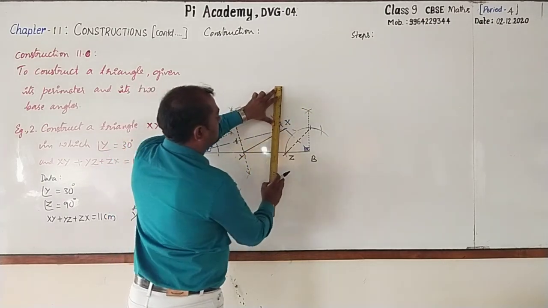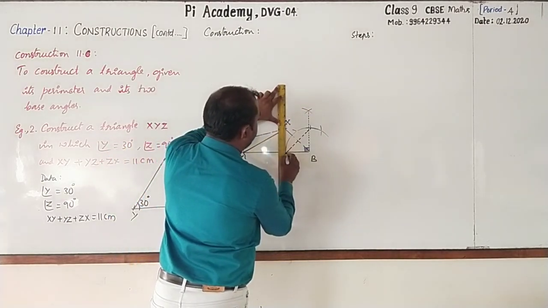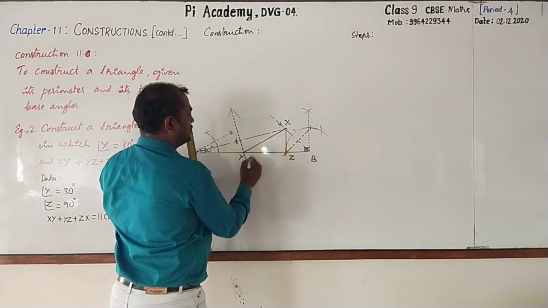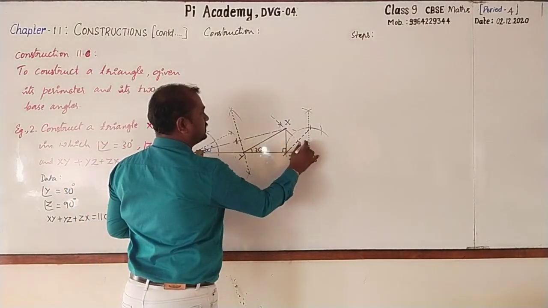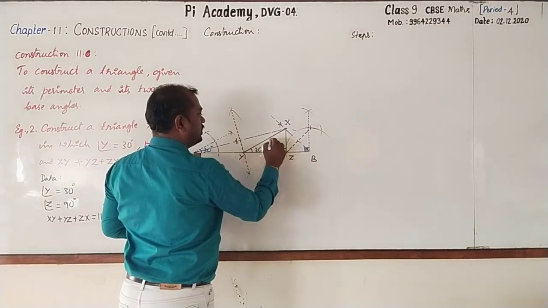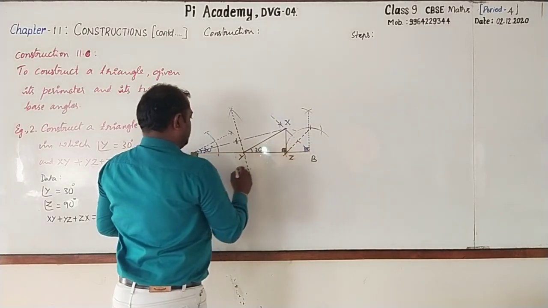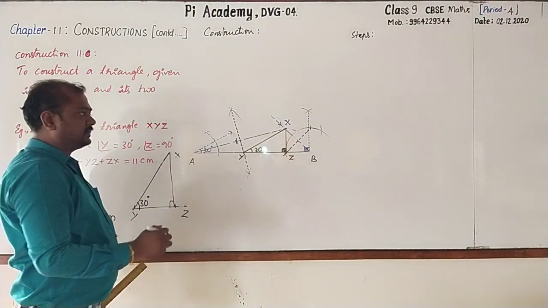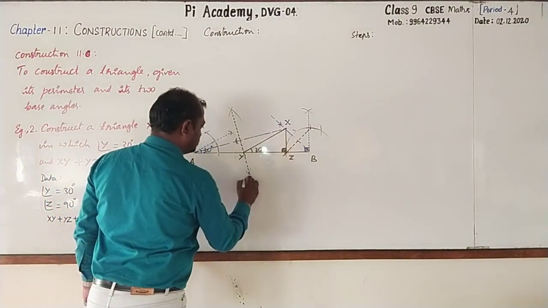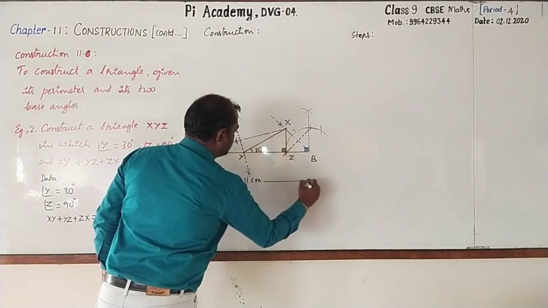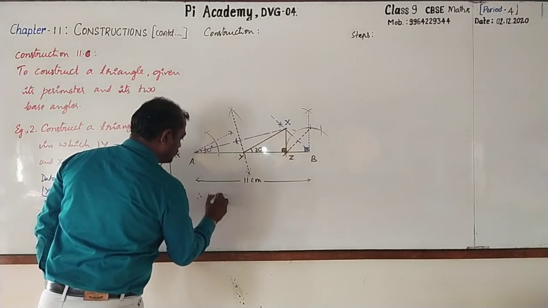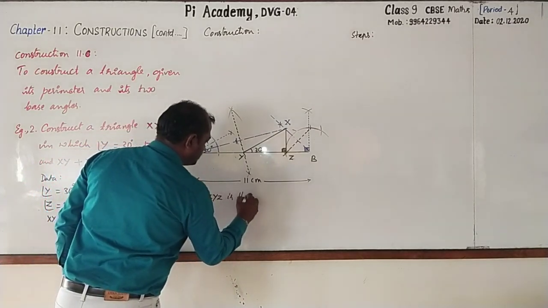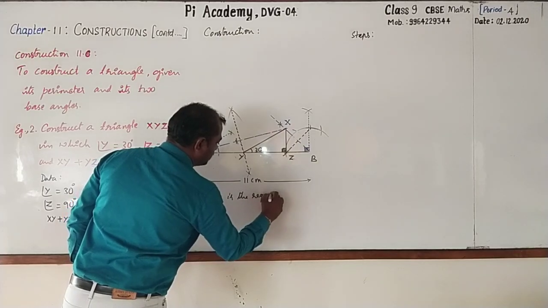Join XZ. See that? It is 30 degree because these 2 lines are parallel, and it is 90 degree, these 2 lines are parallel. So XYZ is the required triangle. Therefore, XYZ is the required triangle.